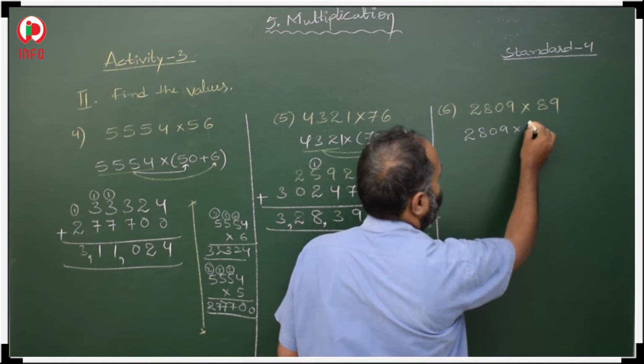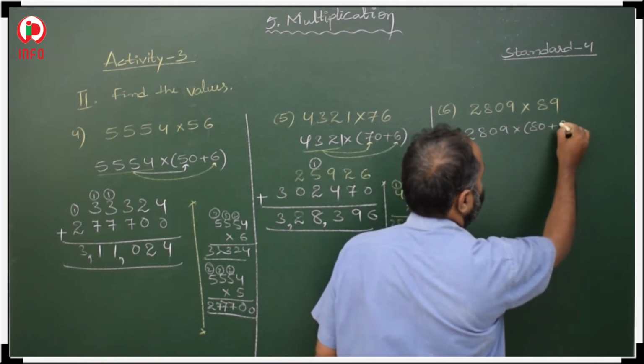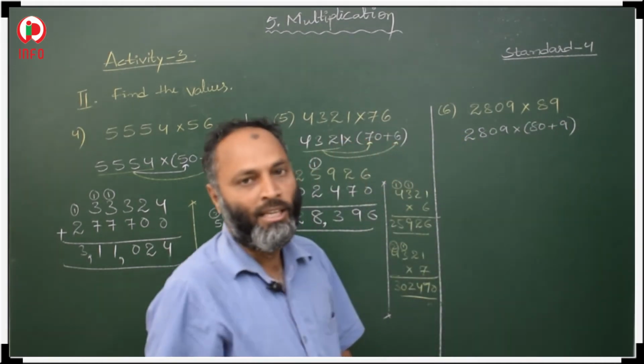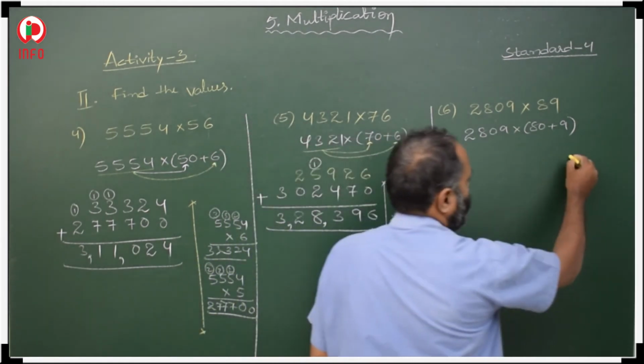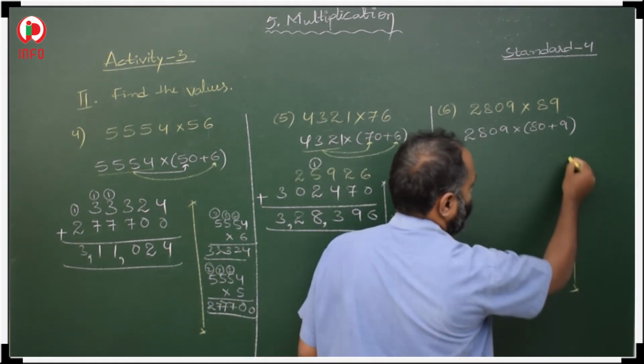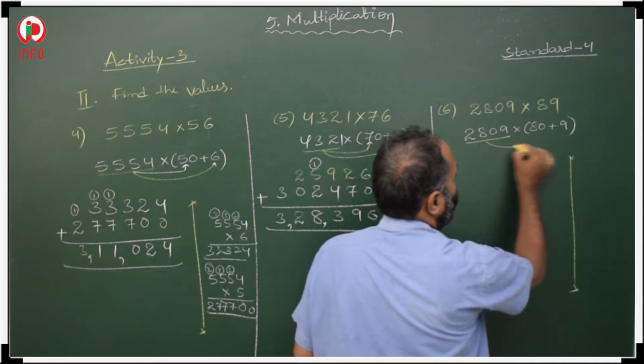Now, 2,809 into 89 means 80 plus 9. Now, this is your rough column. First, this is a distributive property.